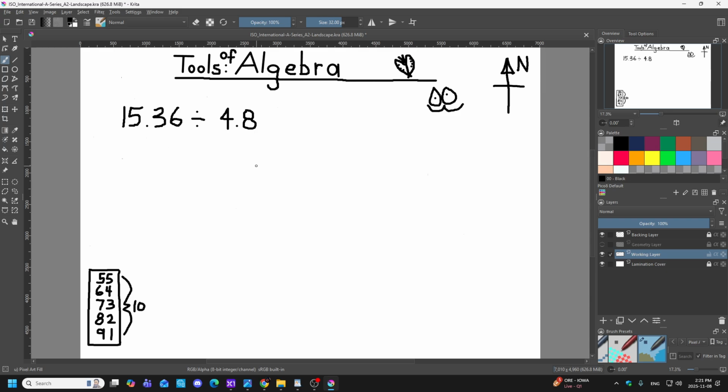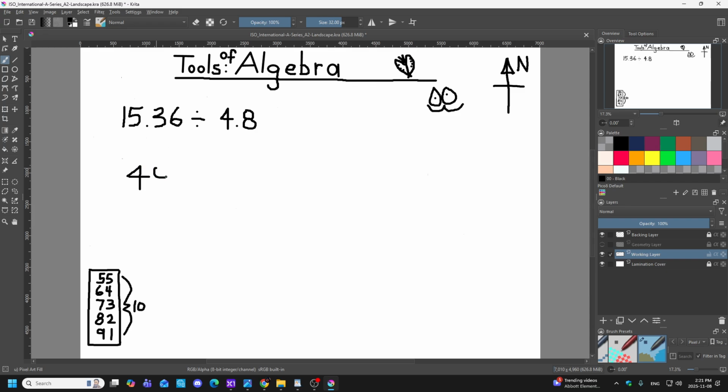It's so much fun. I find the easiest way is to solve this problem by ignoring the decimals. Let's work our long division as whole numbers.